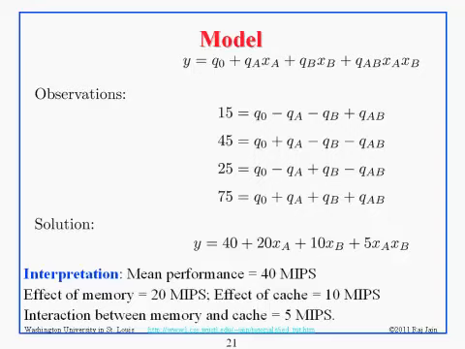I would put the money on the memory first, because that is going to affect performance more. Actually, memory costs much less than cache, so you have to take that into account. But memory has much more effect than cache in this example.